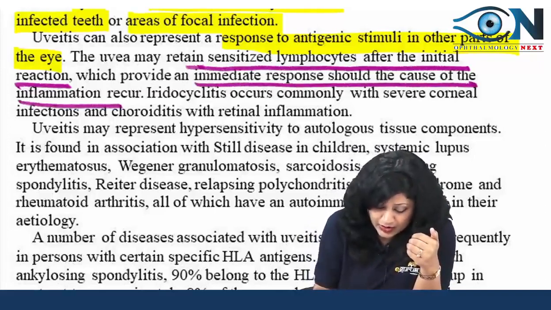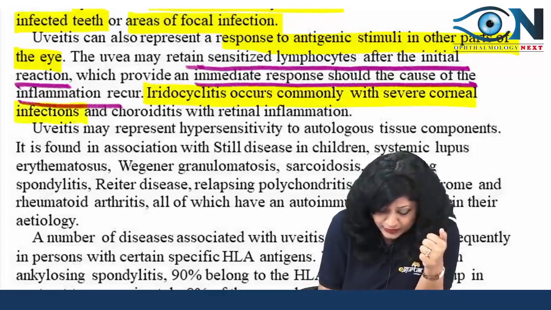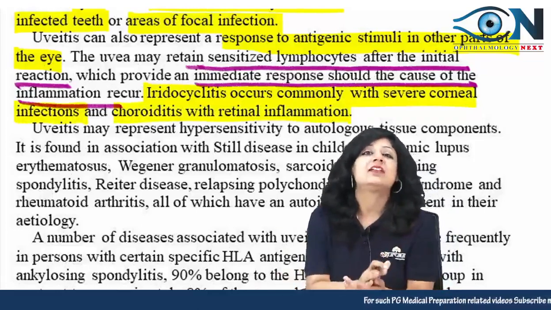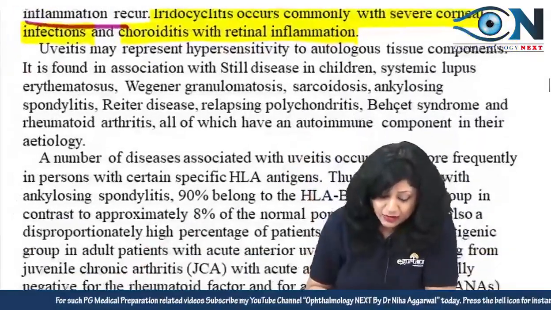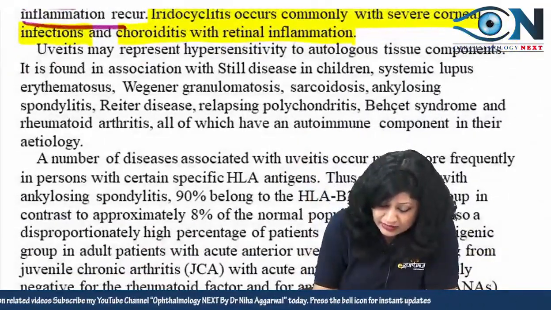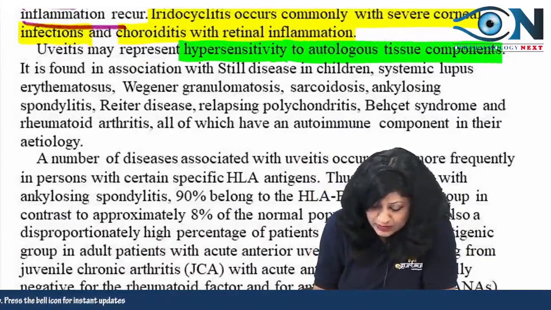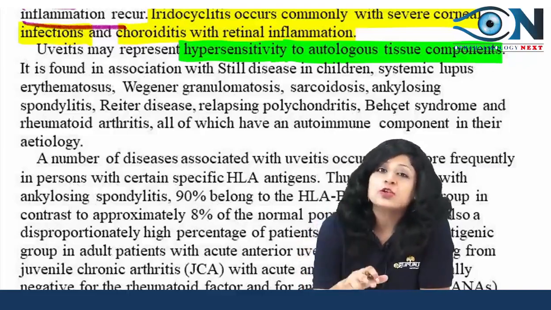Then we can also have iridocyclitis occur commonly with severe corneal infections. We can have choroiditis, which means we can have secondary anterior uveitis due to intermediate as well as posterior uveitis. Then we can also have uveitis that occurs due to hypersensitivity to autologous tissue components. If there is a hypersensitivity reaction to certain tissue components, then that can also lead to uveitis.